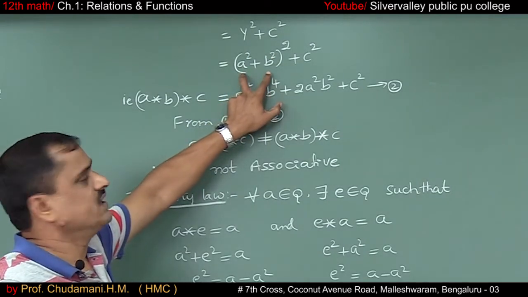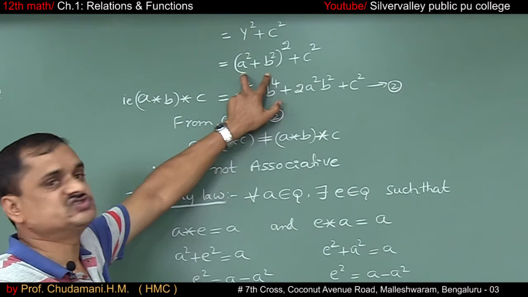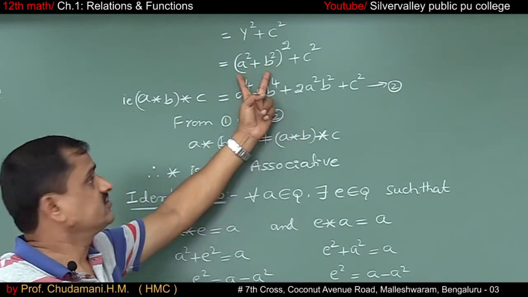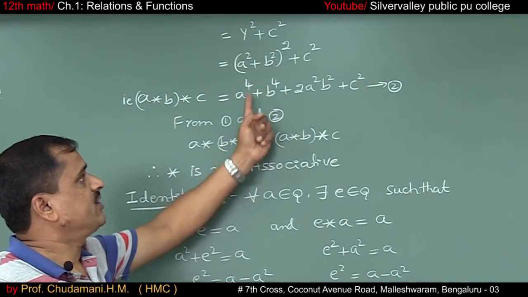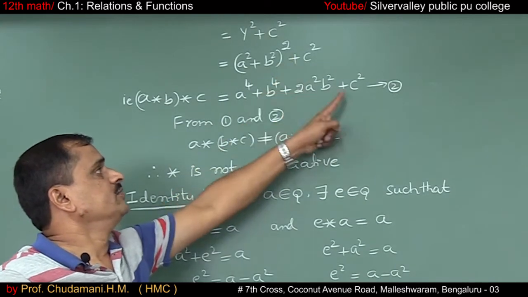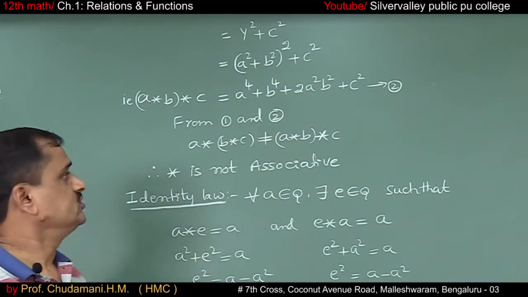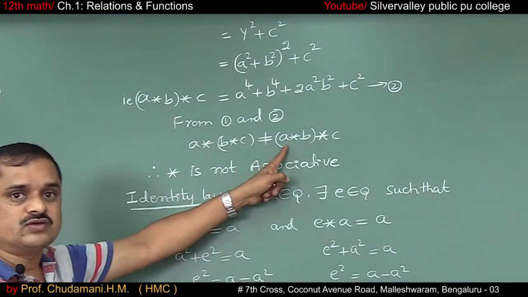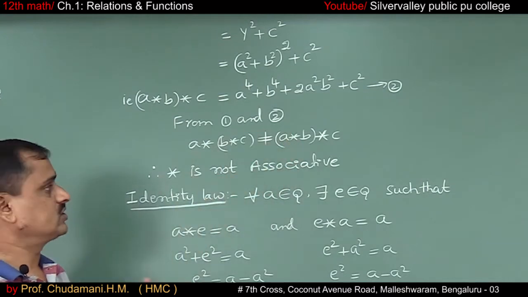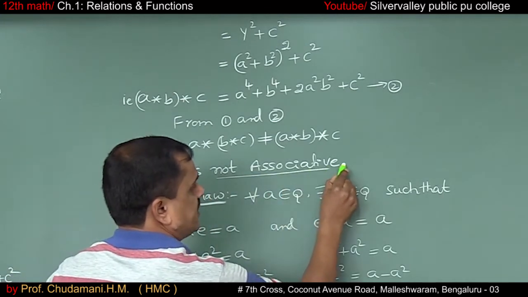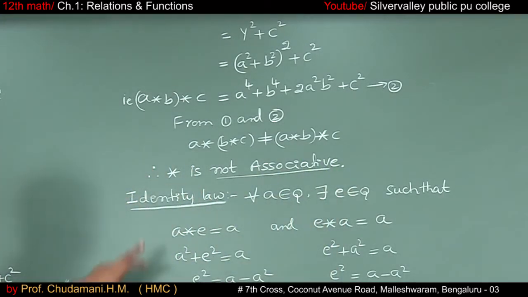Y is A square plus B square, so Y square means (A square plus B square) whole square plus C square. Expand this: A power 4 plus B power 4 plus 2 A square B square plus C square. Call it equation 2. From 1 and 2, (A star B) star C is not equal to A star (B star C). Therefore, star is not associative. Let us verify identity law.